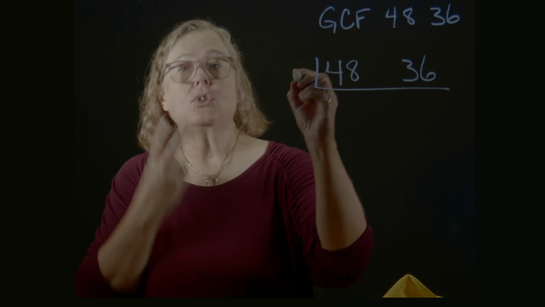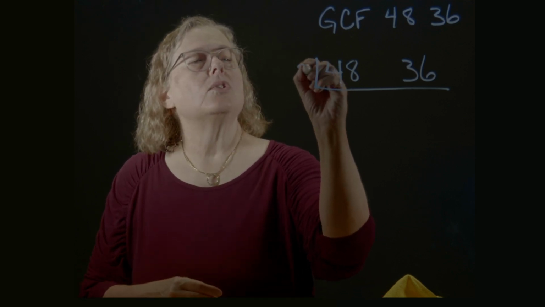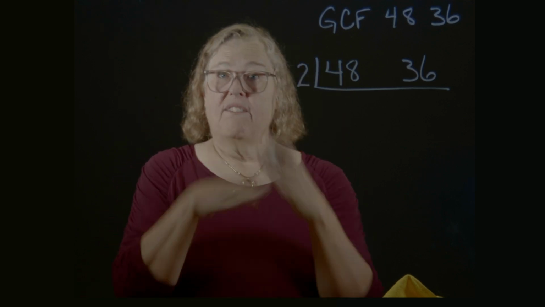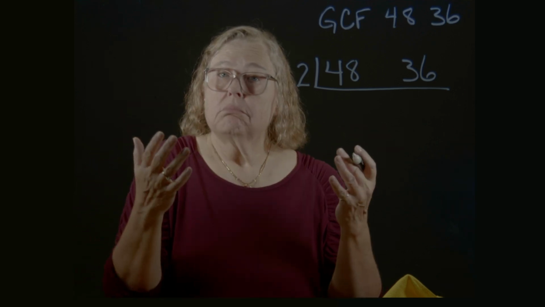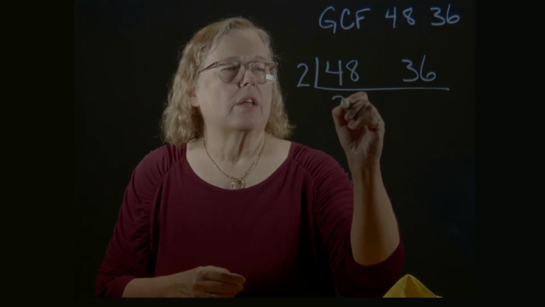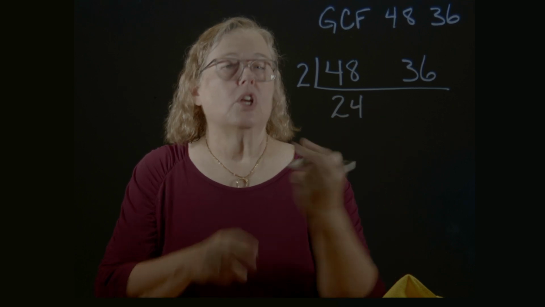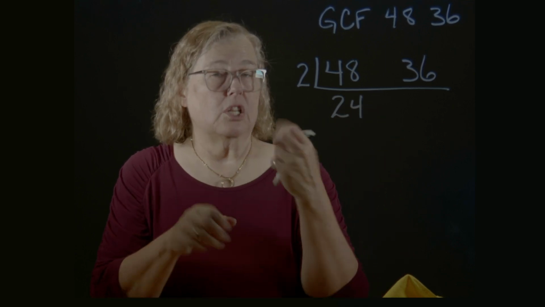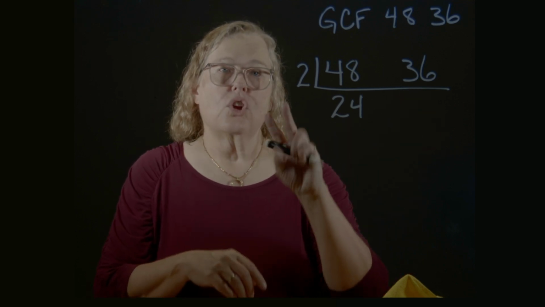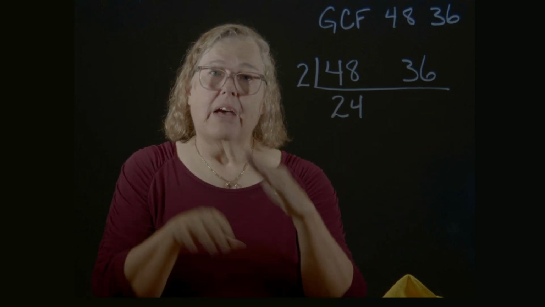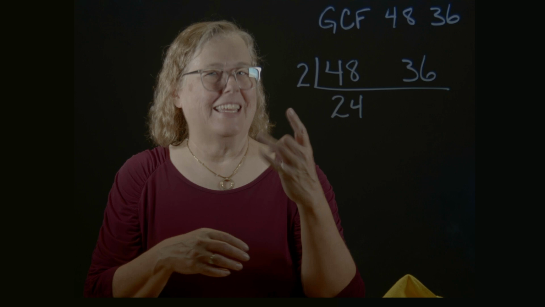So I'm going to put a 2 here. So now we're going to divide it. What is 48 divided by 2? Yep, 24. You can use a calculator if you need to. Just pause the video if you need to, not a problem. What is 36 divided by 2? Yep, 18.